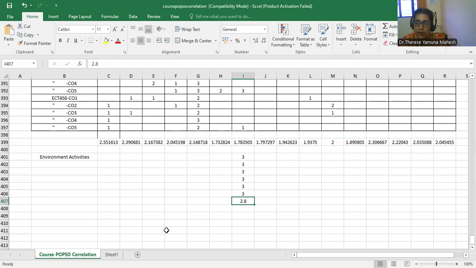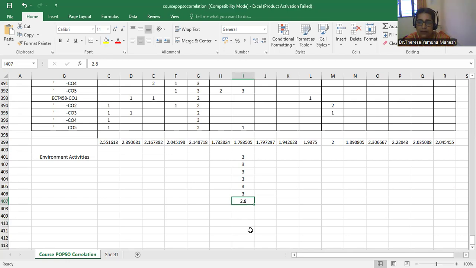All the POs should have values near 3 because we are following a scale of 3. Okay. So after bringing the attainment values to near 3 or 3, only then we should proceed with the next step.